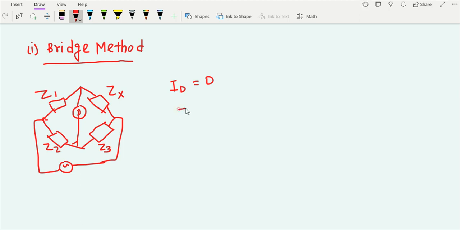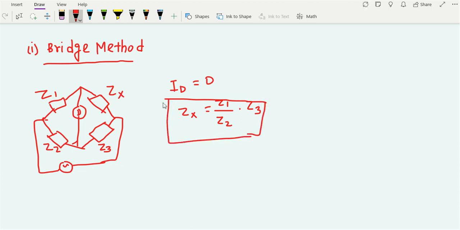So the equation is Zx equals Z1 divided by Z2 times Z3. Using this condition you can find the unknown impedance in the circuit.